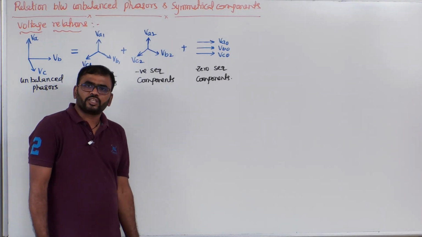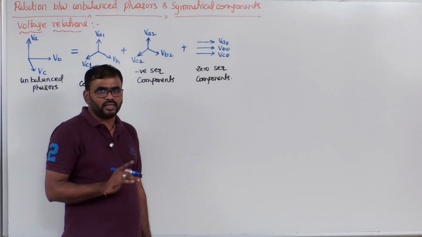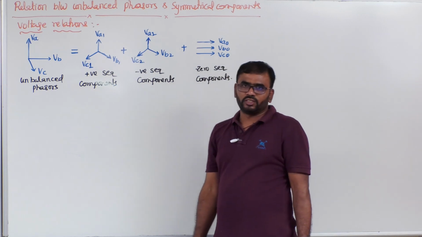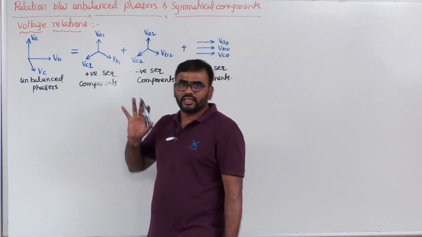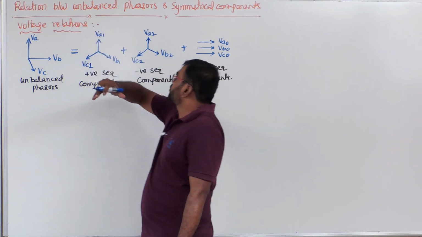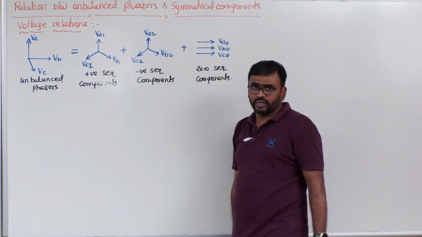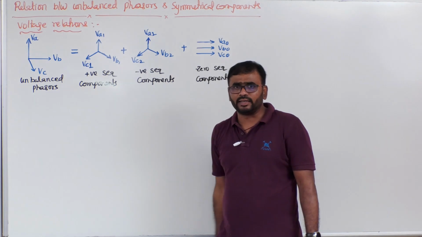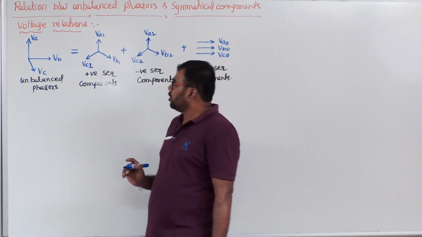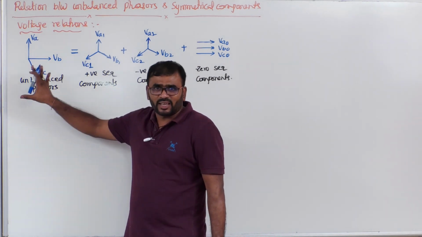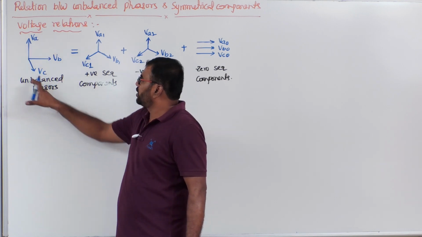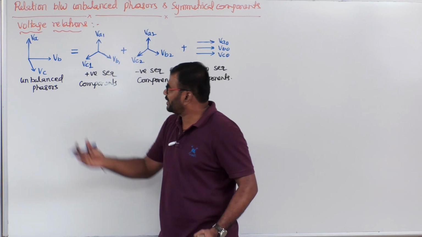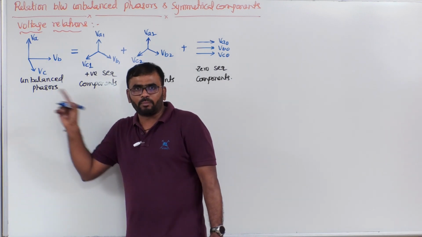Now we will see the relation between unbalanced phasors in terms of symmetrical components. First I am going to write the voltage relations. Similarly we can write current relations. I am just taking an example here. So these are our voltage phasors. By seeing this one can easily recognize that they are unbalanced.